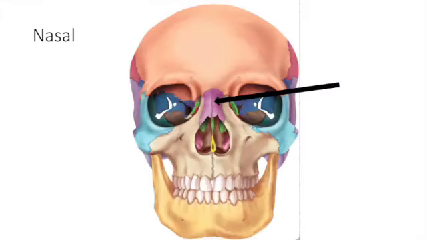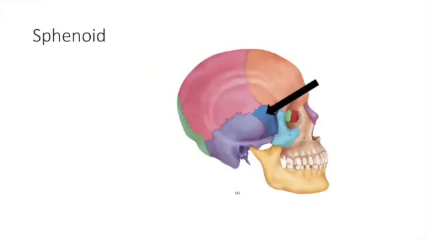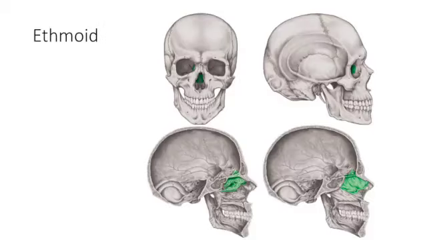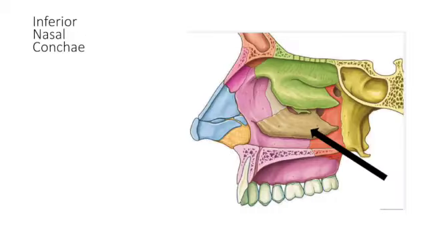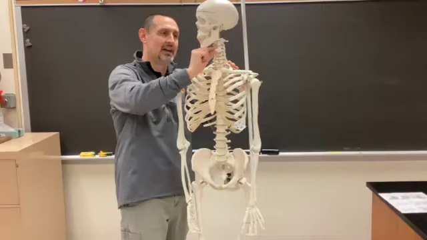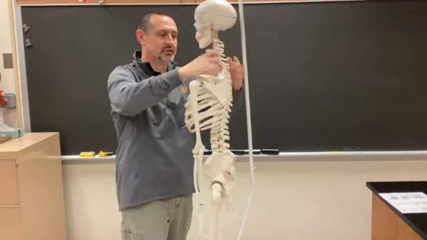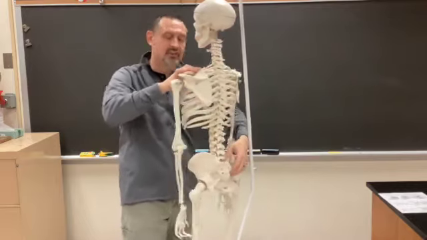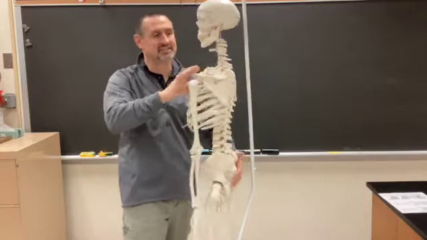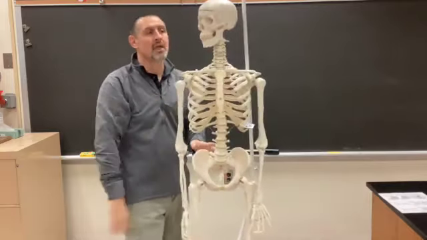Deep inside is the specter, that's the sphenoid. The enclosed bone is the ethmoid. Dividing your nose is the vomer. Then if you're picking your nose, it's the inferior nasal concha. And then your palate is your palatine bone. Say hi to the hyoid. You have the cervical. The trunk is thoracic. Lower back, lumbar. You sit on the sacrum. Your coccyx is a shock absorber.